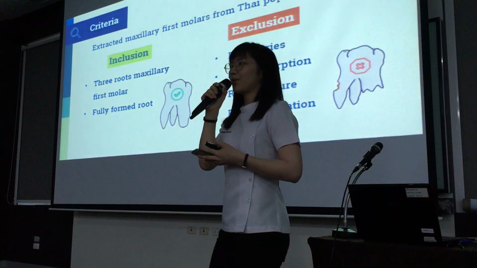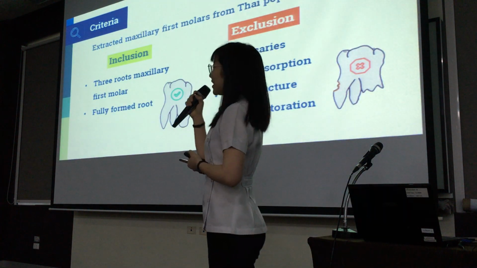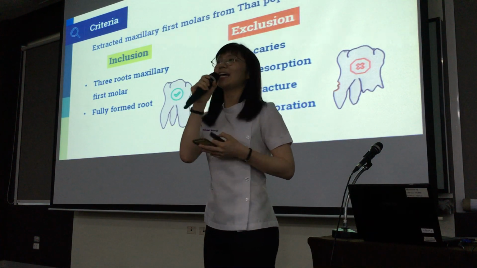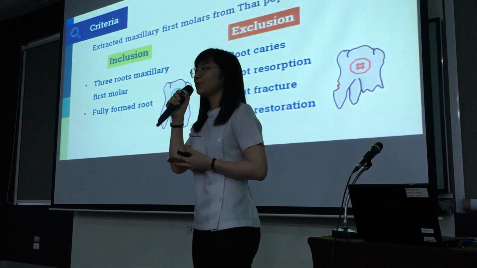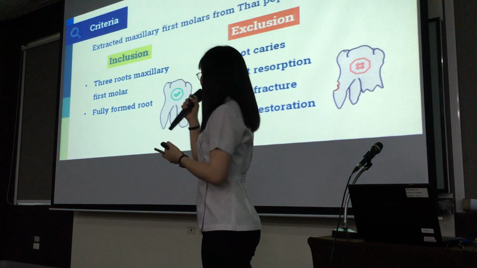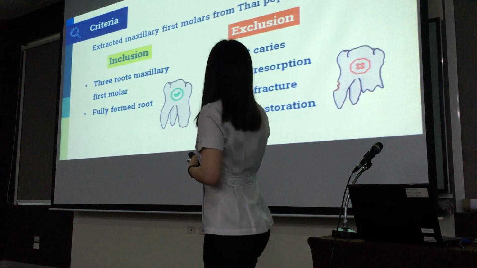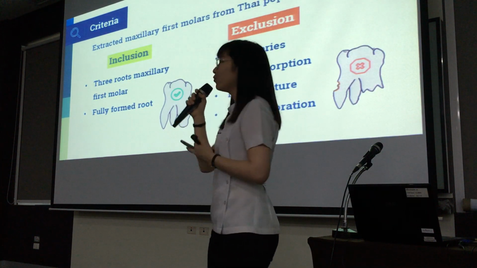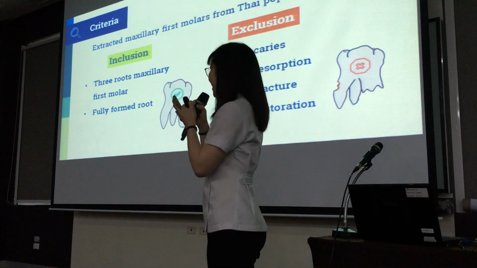For the sample preparation, extracted maxillary first molars from Thai people, from which personal information cannot be identified, were collected following the inclusion criteria. Teeth with root caries, root resorption, root fracture, or root restoration were excluded from this study.